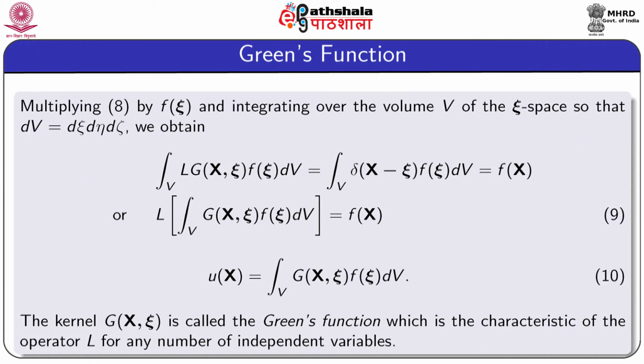Now we multiply equation 8 by f(xi) and integrate over a volume V, where dV is d xi, d eta and d zeta. So, the integration over V of L g f(xi) dV is equal to, on the right hand side, the integration of delta of X minus xi times f(xi) dV, and this equals f(X) using the property of the delta function.